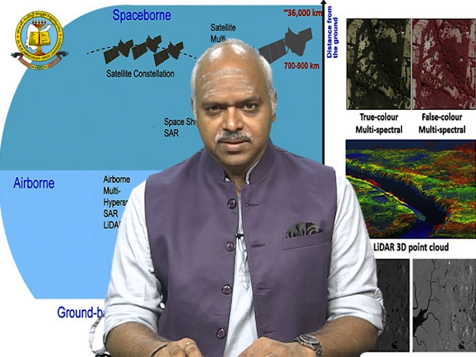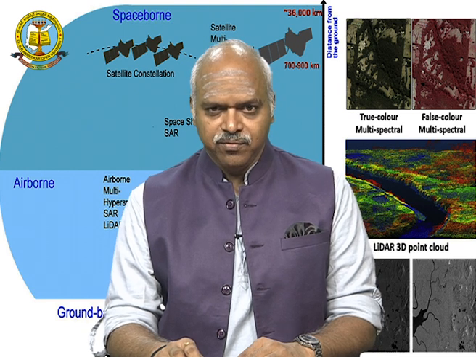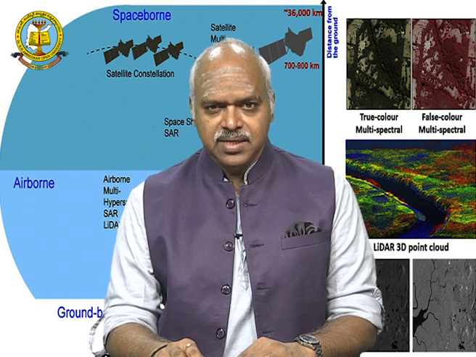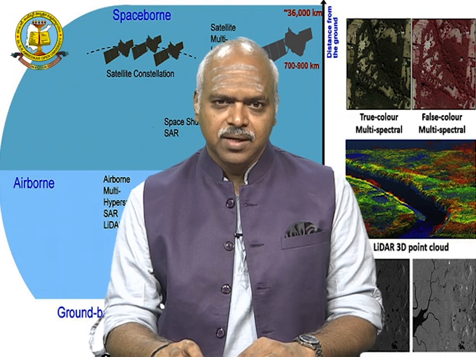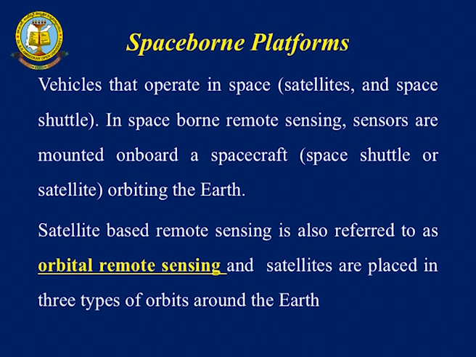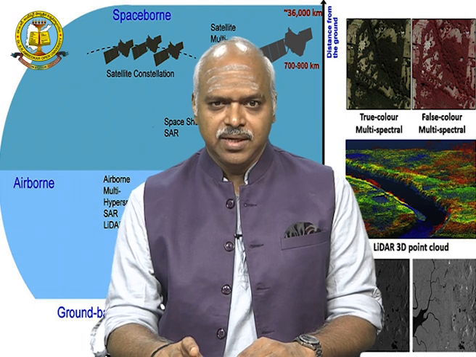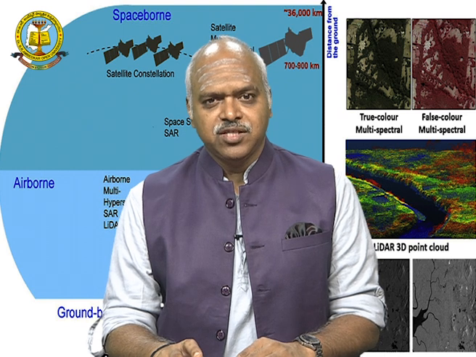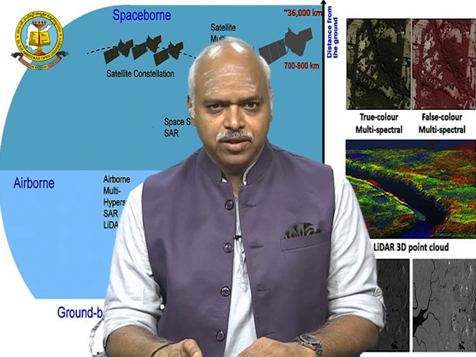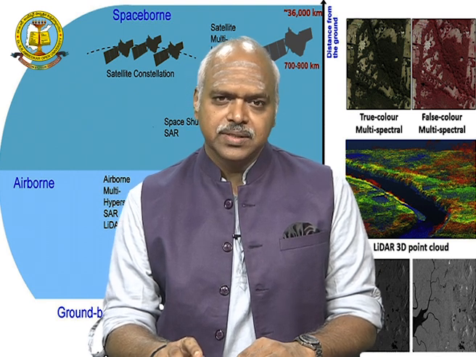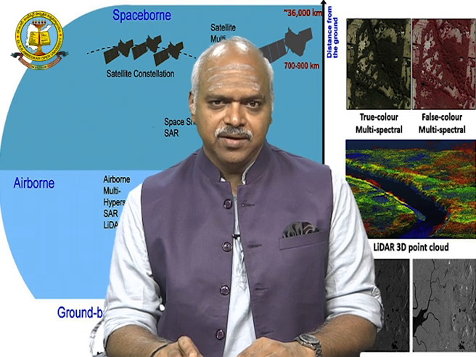These satellites are equipped with special types of sensors that capture information as they move over the Earth surface in different orbits. So satellite-based remote sensing we also call orbital remote sensing. We classify these orbits into high Earth orbits, medium Earth orbits, and low Earth orbits. Satellites are placed in any of these orbits.